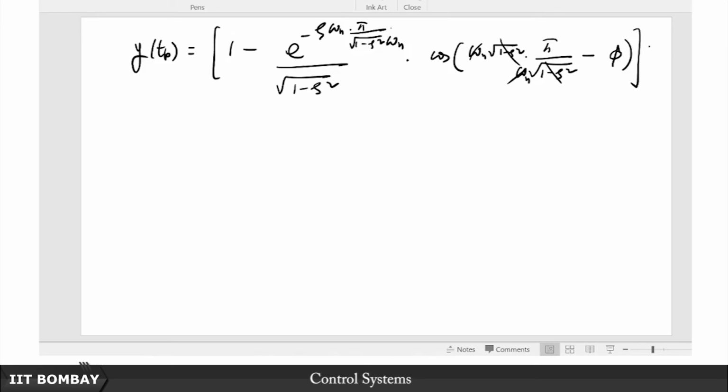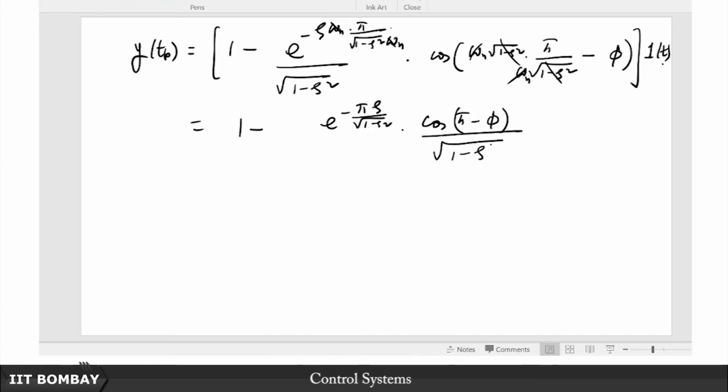So I am ignoring the, okay, let me not ignore it, let me write the unit step, it does not really matter. So what then this turns out to be is the following, 1 minus e to the minus zeta omega n, okay, this also cancels out, so let me not carry this baggage for so long. So this omega n and omega n cancel out, so this is minus pi zeta over 1 minus zeta squared times, what is this? This is cos pi minus phi upon square root 1 minus zeta squared.